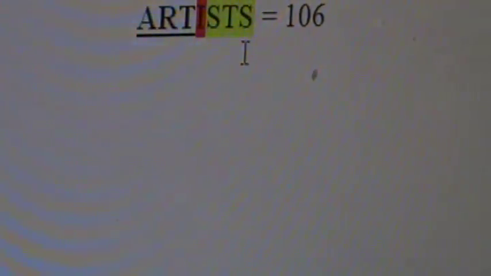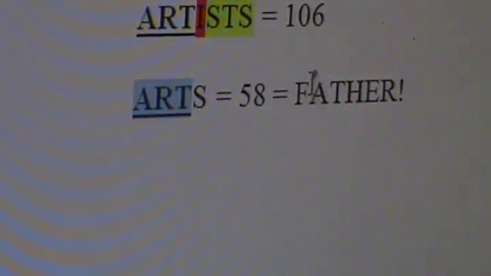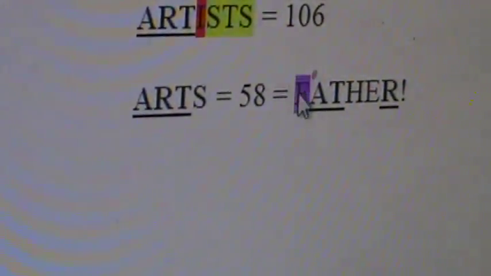And then you can say the obvious, like just simply the arts. Arts equals Father. So, who owns the arts, class? Well, clearly Father does. And ART is right there, and then the rest equals S. Just there it is. Father equals arts.